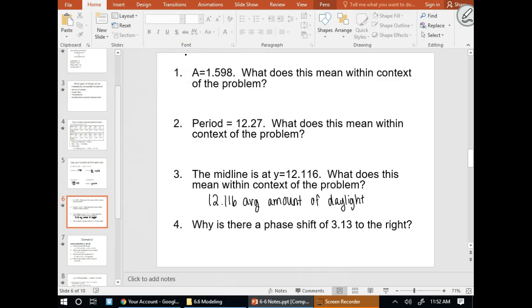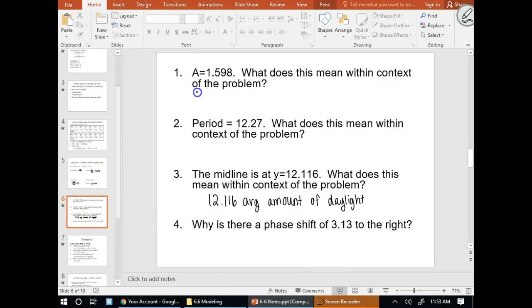So the amplitude is 1.598. What does this mean in context of the problem? Savannah? Okay, good.